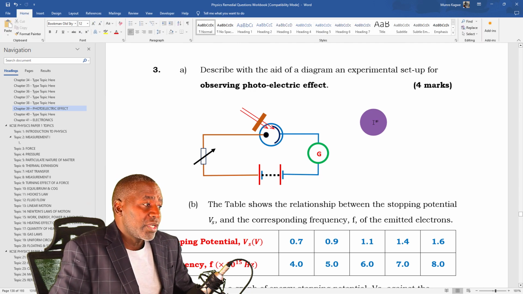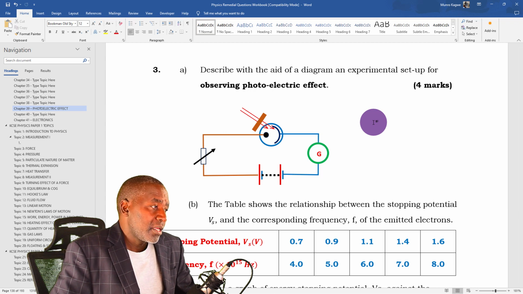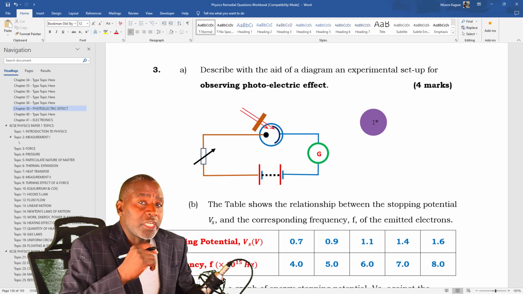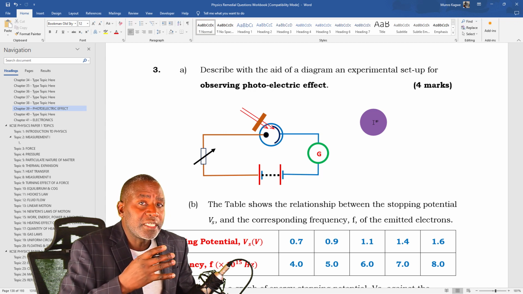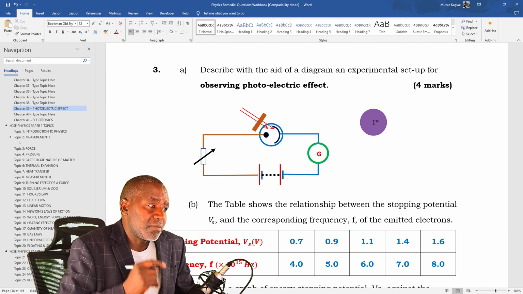Now if we were to connect that circuit without a rheostat, then you realize that you will be short-circuiting the terminals of the battery. The voltage across the photocell will be so big and it can destroy the photocell. So the rheostat is important.